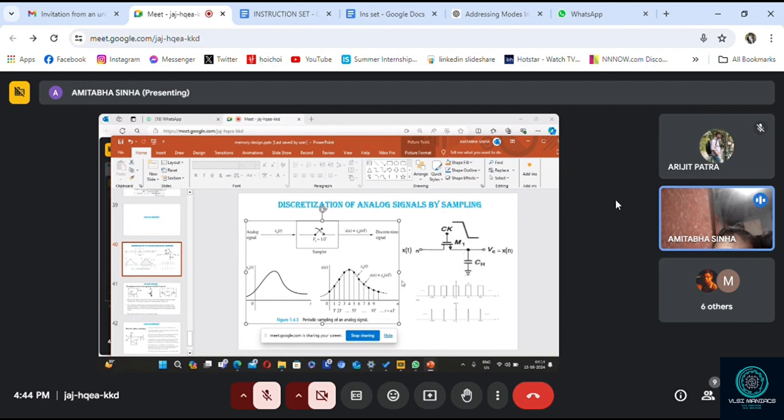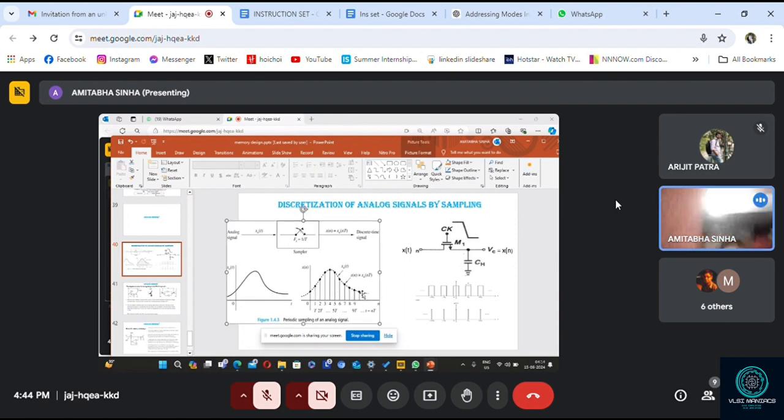Quantization, this process is called analog to digital conversion, basically. And coding, because there are different formats. It could be BCD, it could be binary, it could be XS3. So that is the coding. First part is the sampling part. After sampling, the signal is not digital, mind that. It is still an analog signal. So we can call it discrete analog.